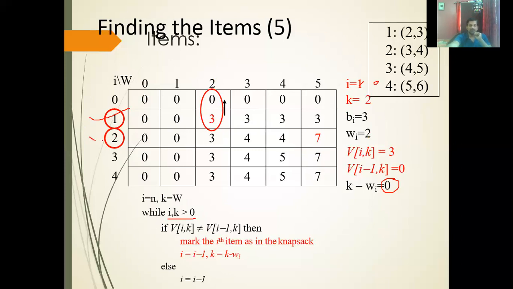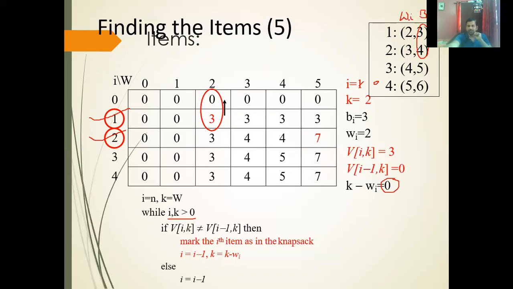So we have inserted the two items, item 1 and 2. So that's why its profit is 7. That is, the benefit is 7. 3 plus 4, 7. And you can count your weight also. This is weight, small wi. This is benefit, b of i.